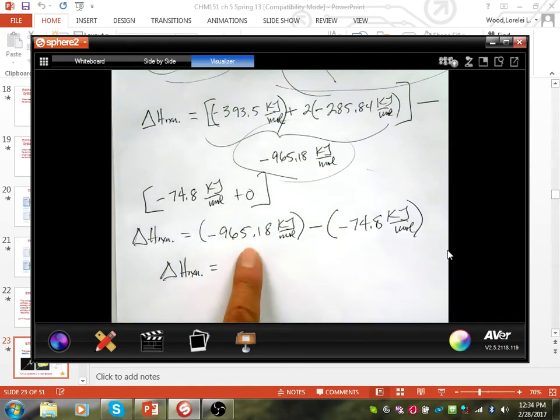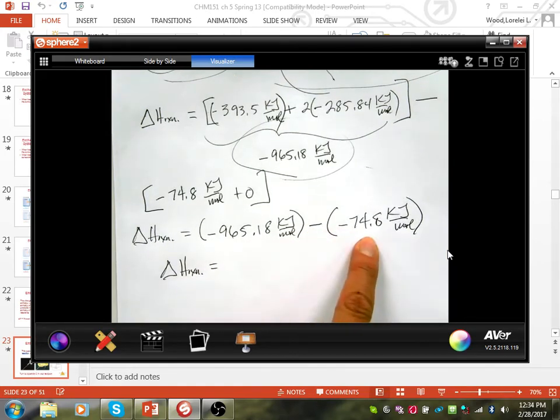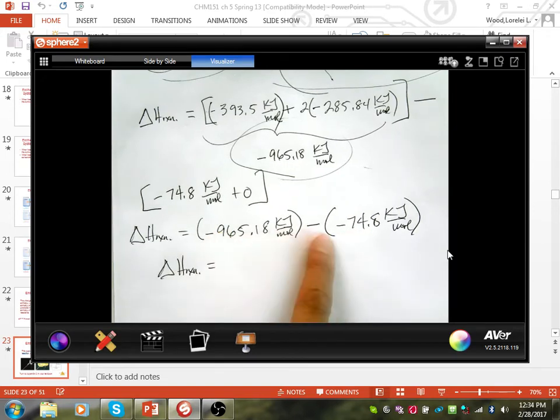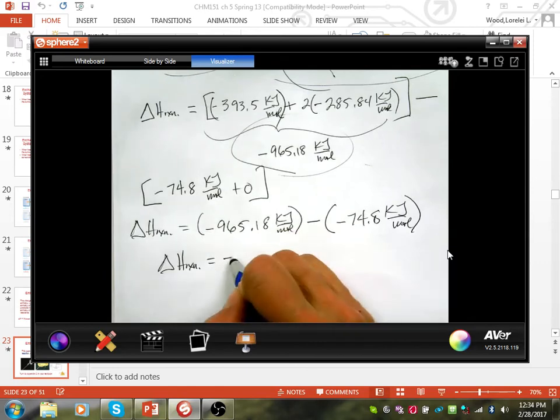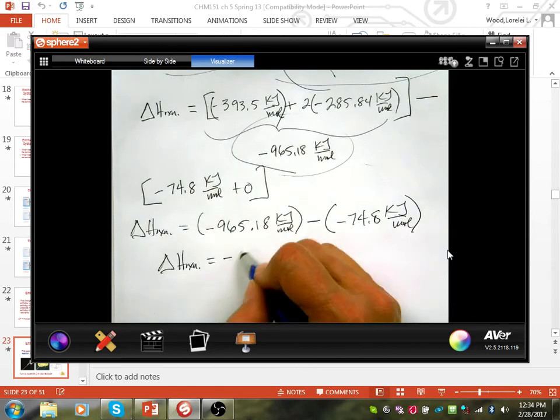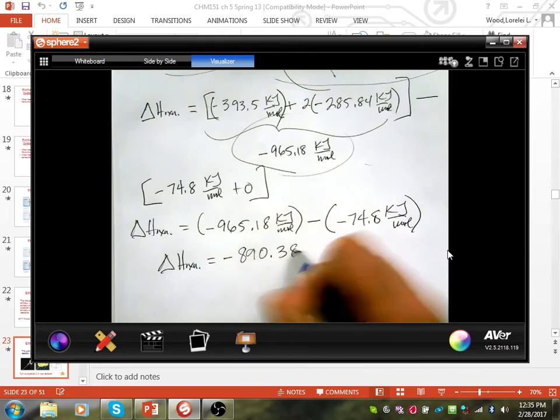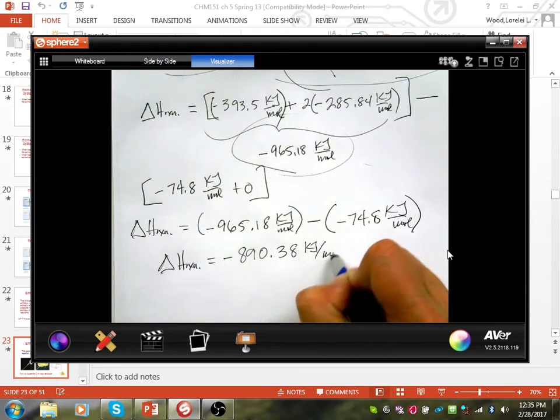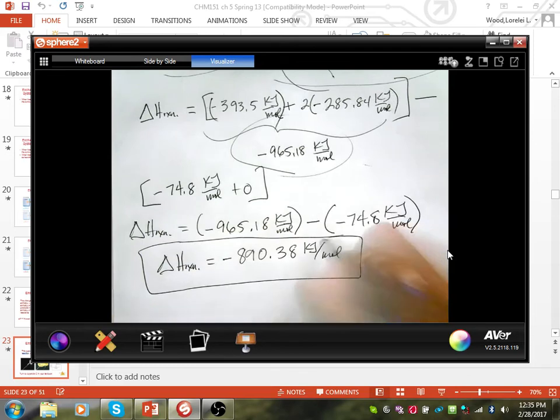So I take that plus the 74.8. Everybody see how the math works out there? That plus 74.8 gives me what number? Negative 8. There's my enthalpy of the reaction using Hess's law and my enthalpy of formation tables.